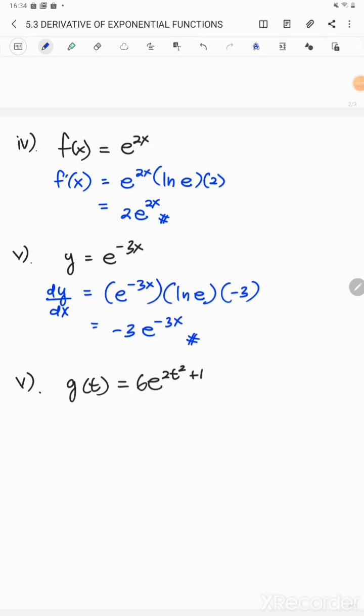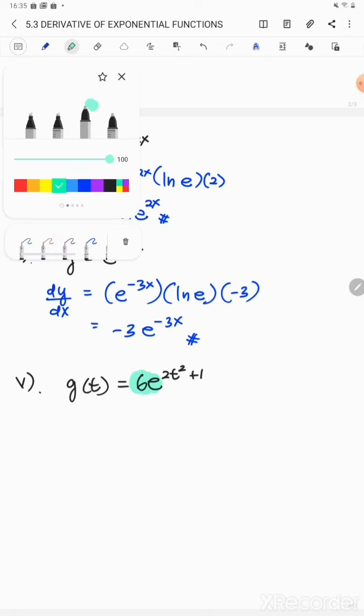Okay, next is number 6. The question is g(t) equals 6e power of 2t square plus 1. Now you have to identify which one is constant, which one is variable. Our constant is 6, not e.